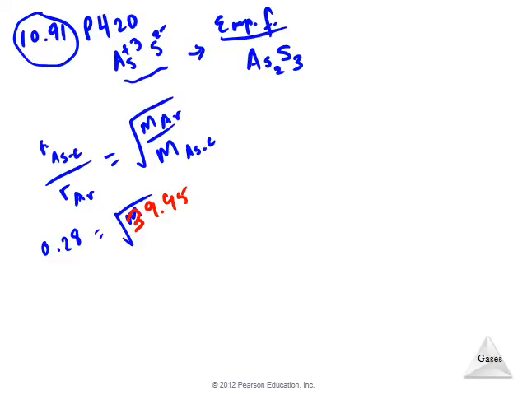And on the bottom we have the square root of the mass of the arsenic compound. Now if you square it and solve it, we get the mass of the arsenic compound.